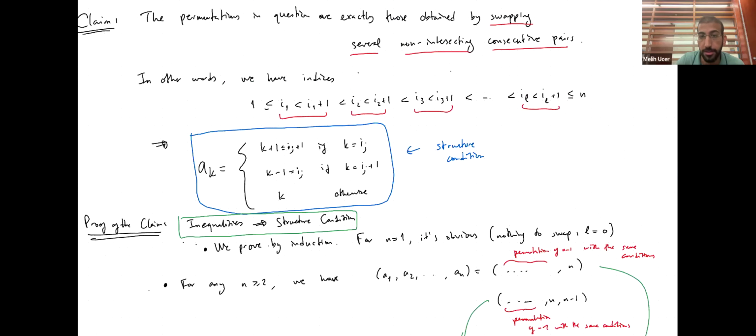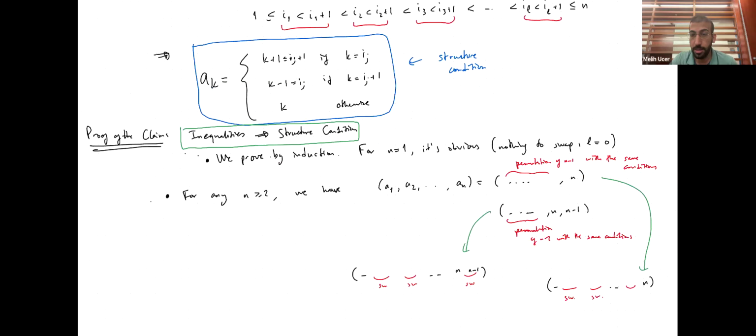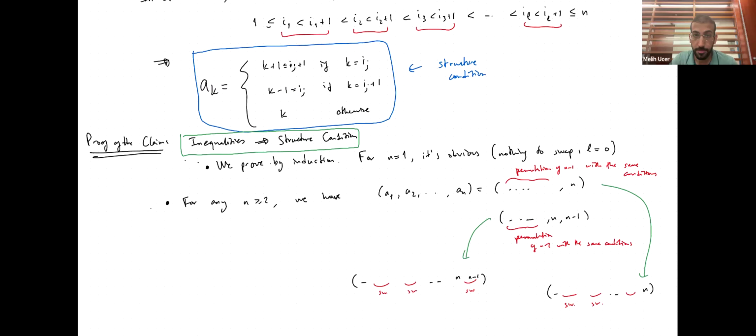But to be mathematically precise, we can do it with this, because this is the structure condition. So we can say, by induction, there exist I1, I2, ..., IL which satisfy this. Now, by induction, this formula holds for all k from 1 through n minus 1, and it also holds for k equals n, clearly, as we see here.